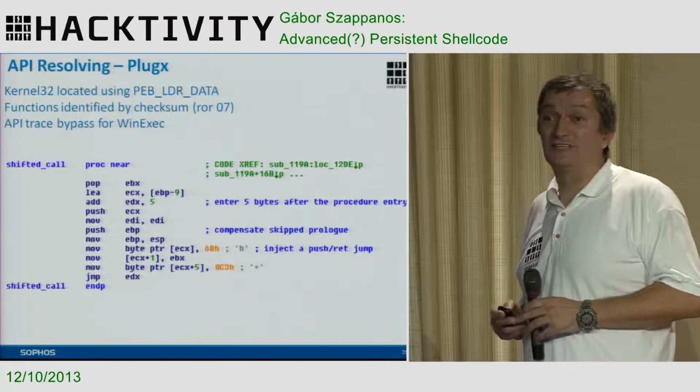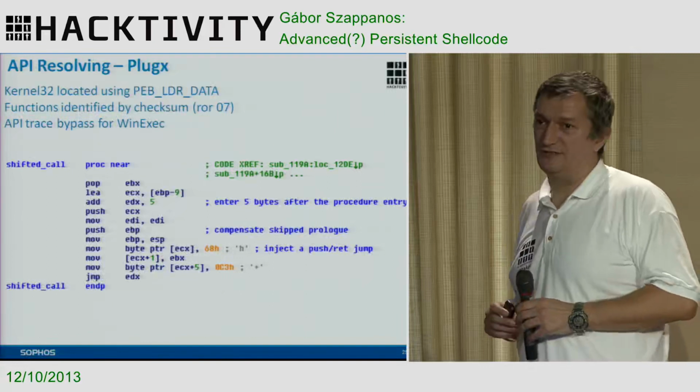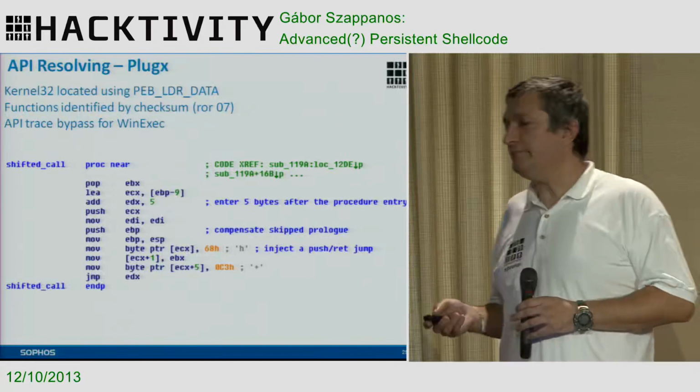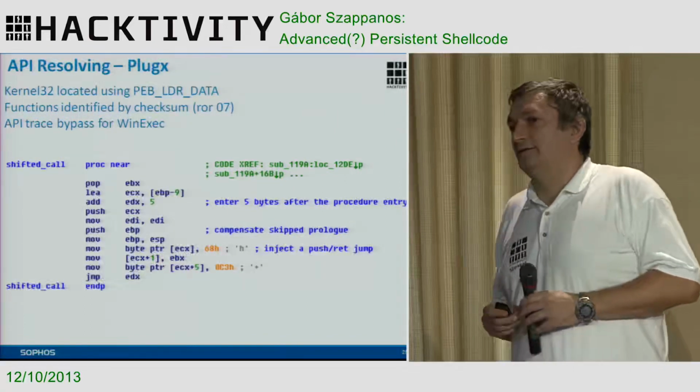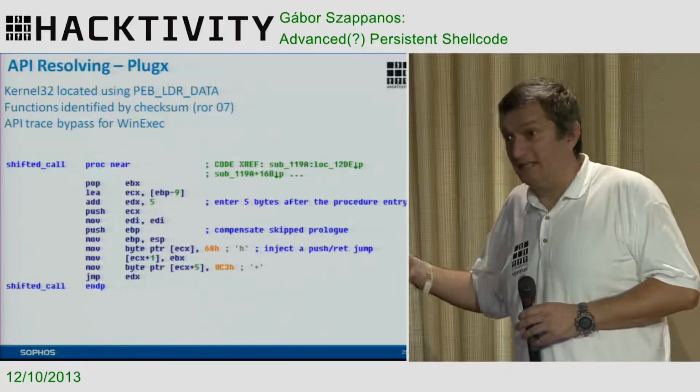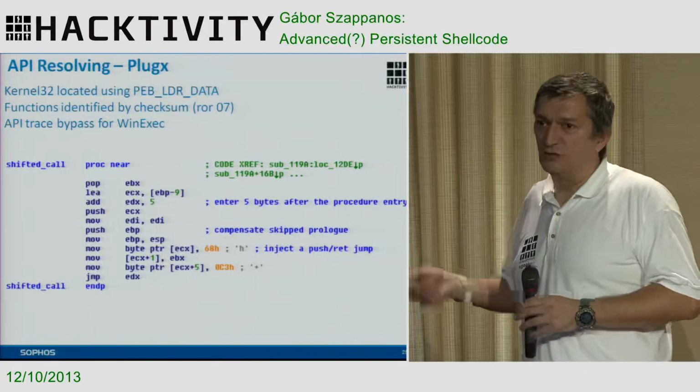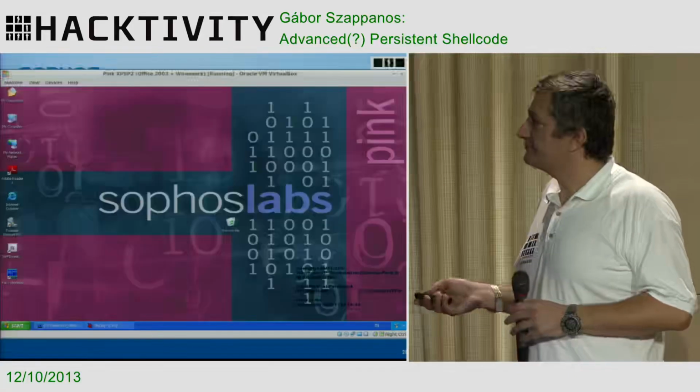This is why we were not able to observe the creation or the execution of the dropped DLL file, because the shellcode entered the WinExec function after the hook. So it was invisible for that tool.